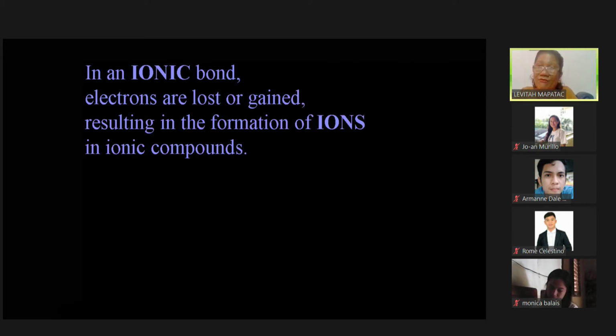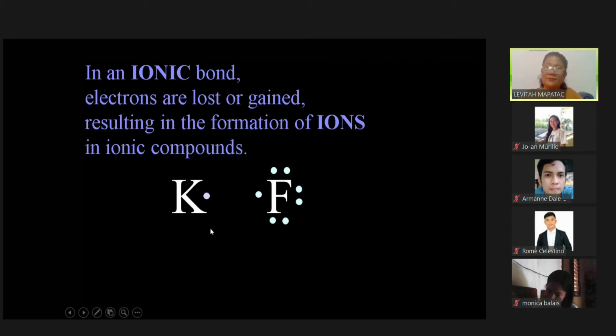Okay, so in ionic bond, electrons are lost or gained, resulting in the forms of ions in ionic compound. For instance, where is potassium? Potassium belongs to group 1. So it's easy. Group 1. So what will be our dot there? 1 dot. Meaning it has an excess of one electron. In our fluorine, fluorine belongs to group what? 7.